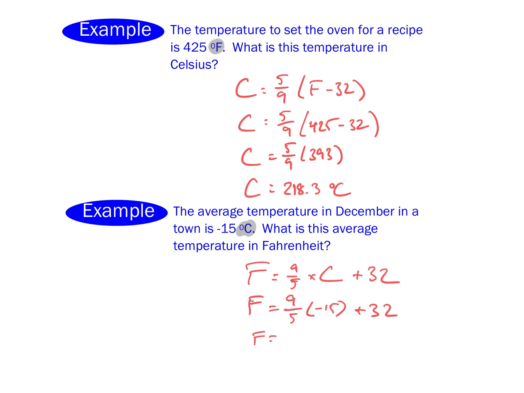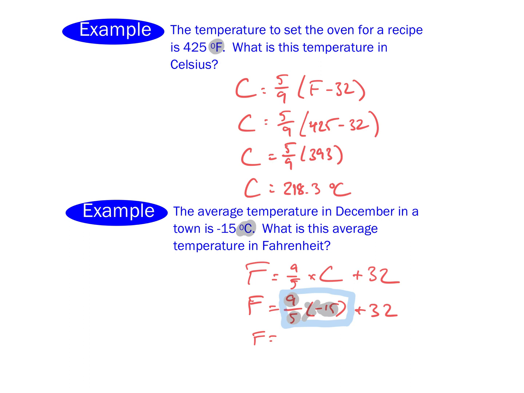So at this point, we're going to focus in on this part. We could do it all in one step on a calculator. We'll go 9 divided by 5 times minus 15.